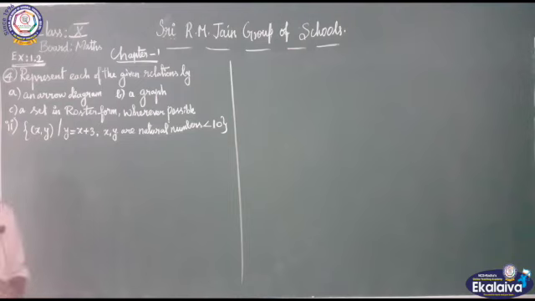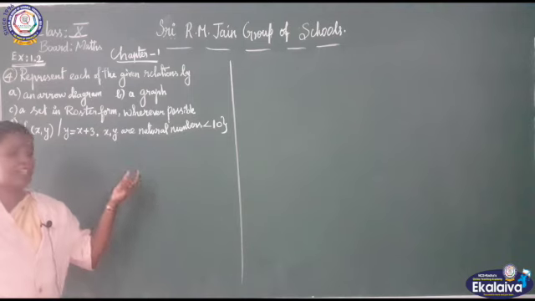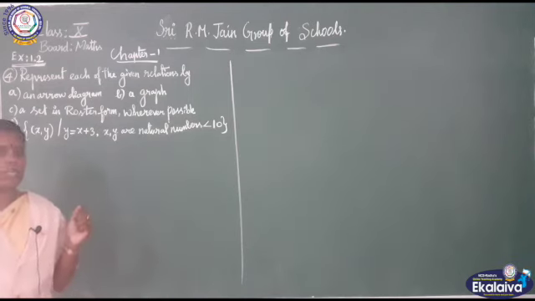In the same fourth sum, we have a second subdivision, the same representation of a relation in the form of an arrow diagram, graph, and set in roster form. With the second subdivision of the fourth sum, the relation is x, y such that y equal to x plus 3, where x, y are natural numbers. We know natural numbers start with 1, 1, 2, 3 and proceed.